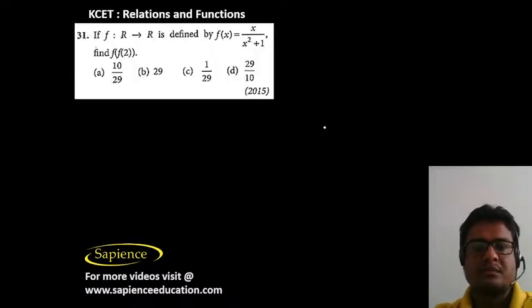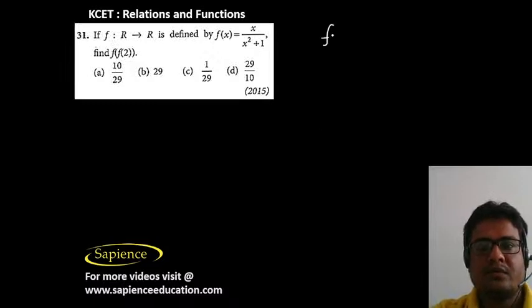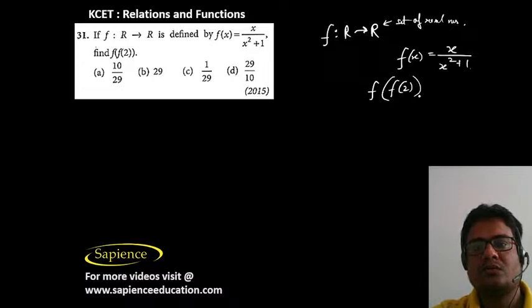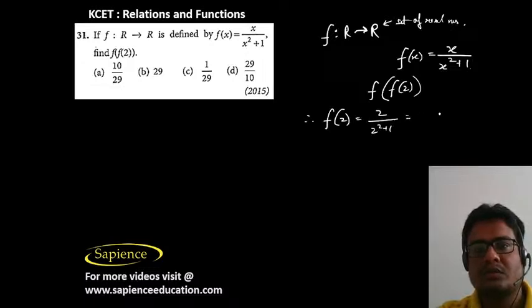Okay, so then if f is a function which maps from R to R, where R is the set of all real numbers, and it is defined as f of x equals x by x square plus 1, we have to find the value of f of f of 2. Now f of 2 will be equal to 2 by 2 square plus 1, that is 2 by 4 plus 1, that is 2 by 5.